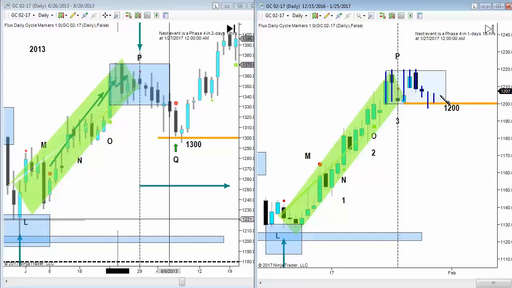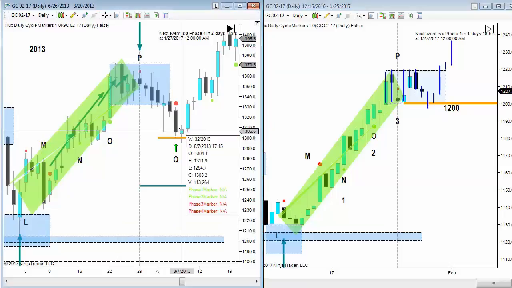If we just imagine with our eyes where we might go from there, it tells us two things. Number one, that there's a $7 move potentially between where we are right now and the low of the phase 4 coming up.